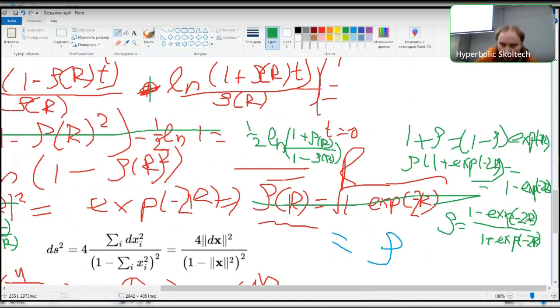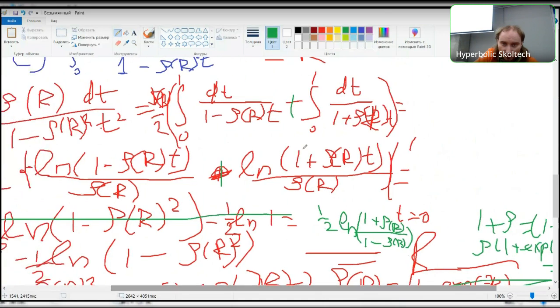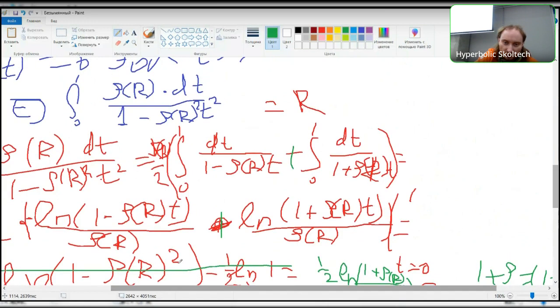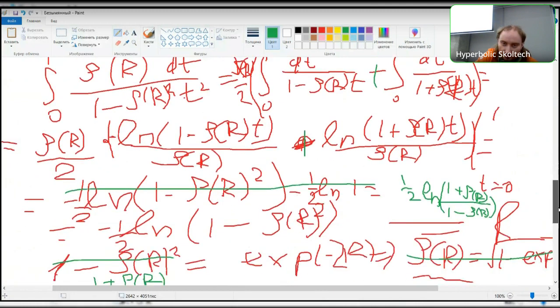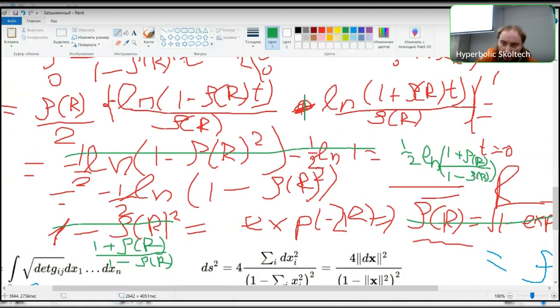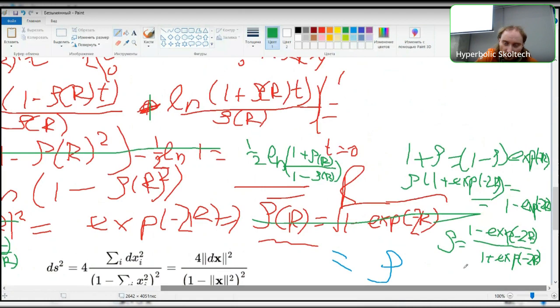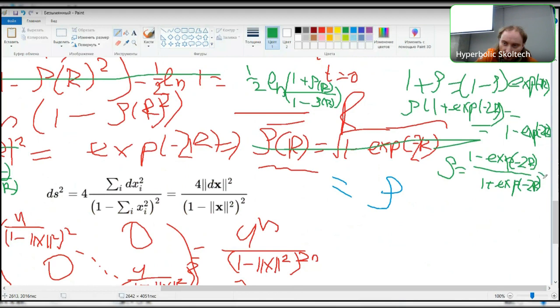So okay, actually there was a plus, so there should be a plus here. So here also should be plus. So here we have something like this expression, and then after solving equations we have this thing which equals hyperbolic tangent of r.